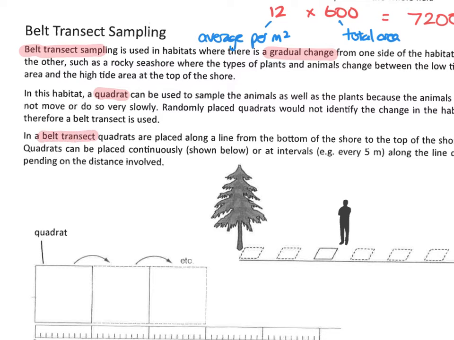In a belt transect, quadrats are placed along a line from the bottom of the shore to the top of the shore. And they could be placed continuously, so that's where they're placed one beside the next, or at intervals, so e.g. every 5 metres.